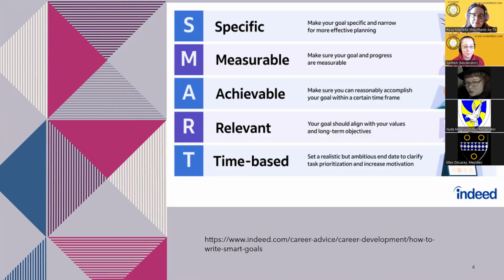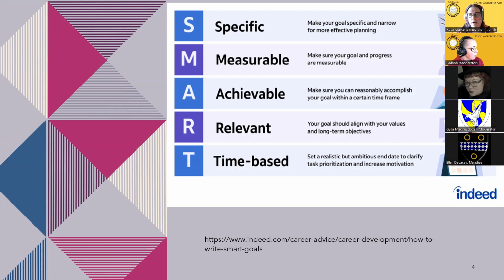So I took this off of Indeed, obviously. Specific goals. Make your goals specific and narrow for more effective planning. Measurable. Make sure your goal and process are measurable. And I do have separate slides for each one, so I can give examples. Achievable. Make sure you can reasonably accomplish your goal within a certain time frame. Relevant.